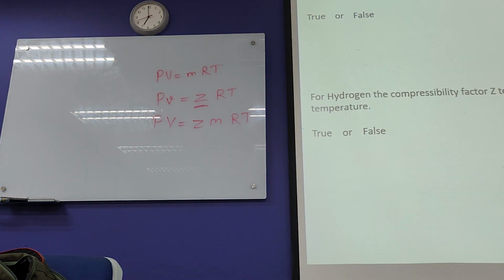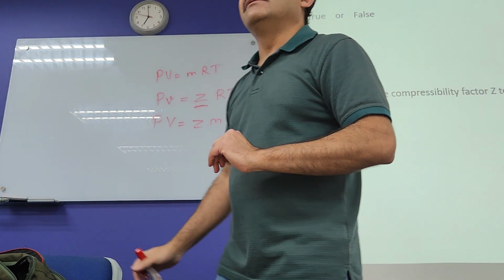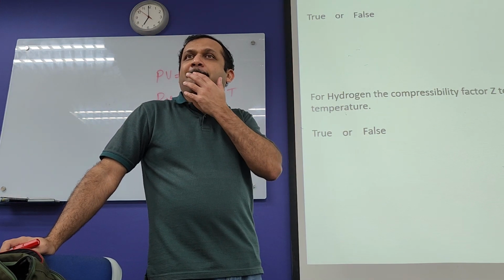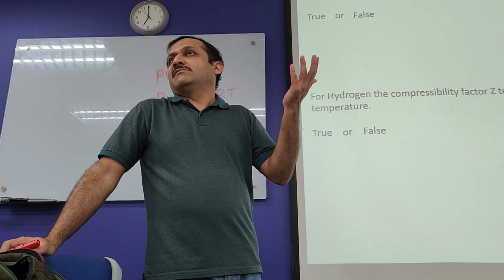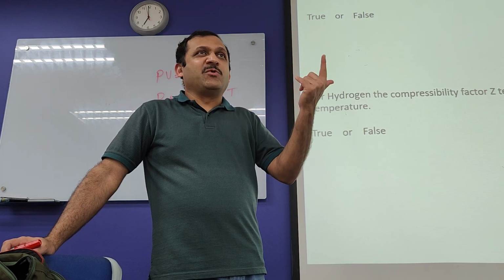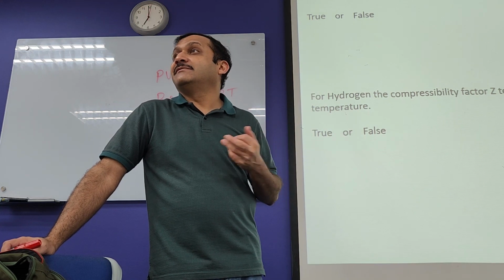What's the absolute atmospheric pressure at sea level? Standard, 101.3 kPa or 1 atmosphere. That's the absolute pressure. What's the gauge pressure at sea level? 0.